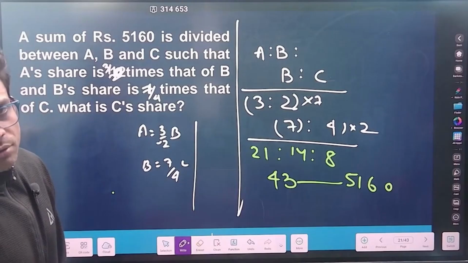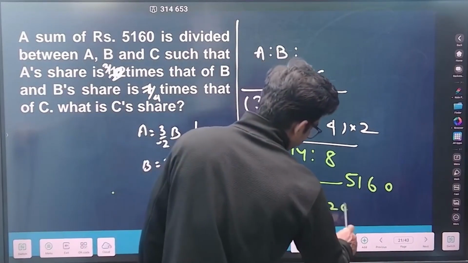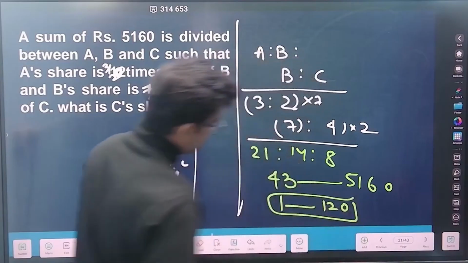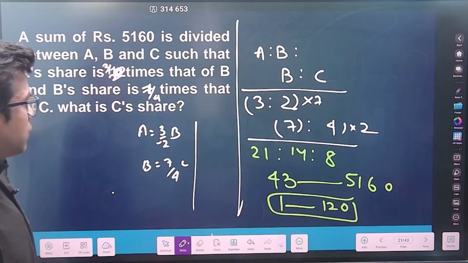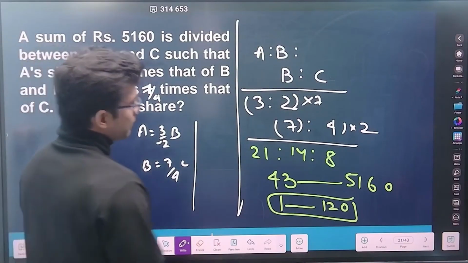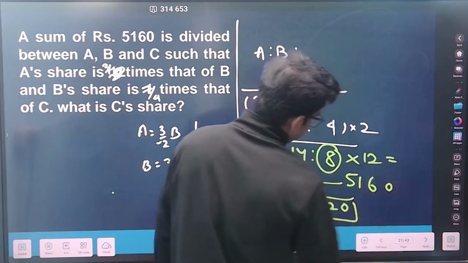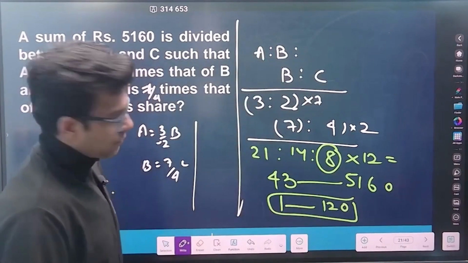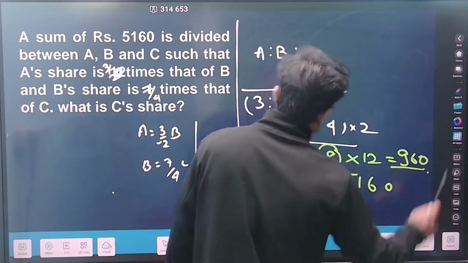Then 1 would be equal to 120. See? Now they're asking the C share. The share of C is basically 8. So 120 times 8 is 960. Answer.